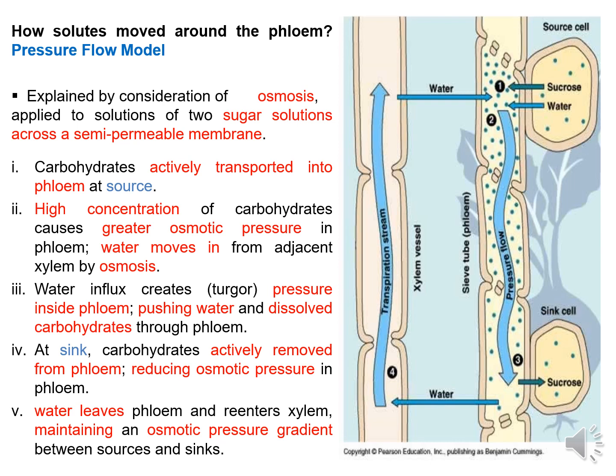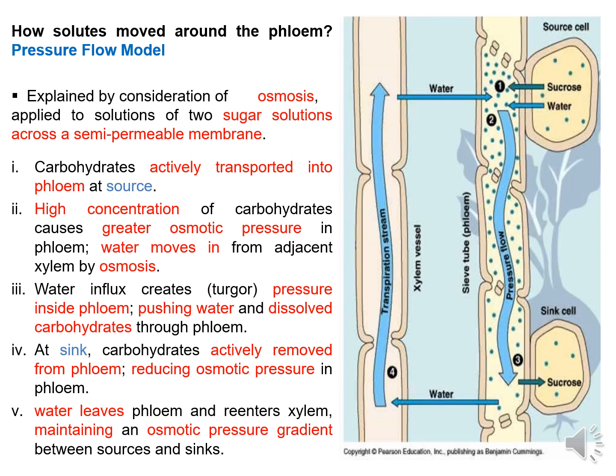This is certainly because the sucrose from source needs to be transported into the phloem vessel, which requires it to cross the semi-permeable membrane not only of the source cell but also the phloem vessel.